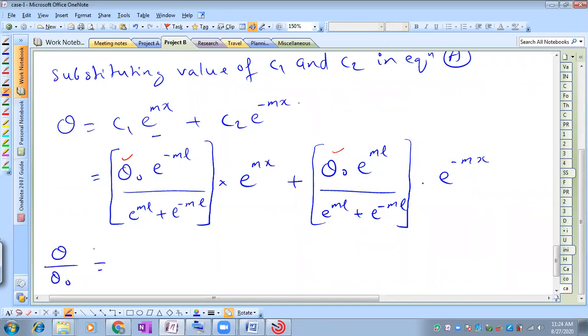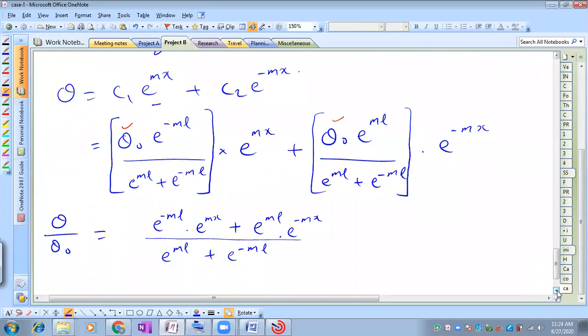The denominator is common, e raised to ml plus e raised to minus ml. And the remaining part is e raised to minus ml into e raised to mx, plus e raised to ml into e raised to minus mx.